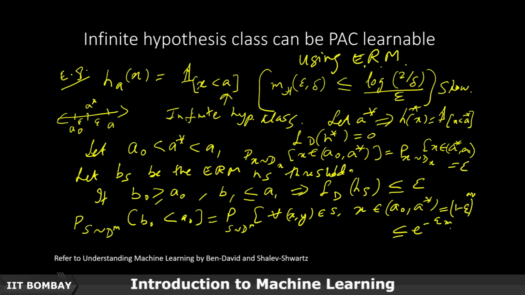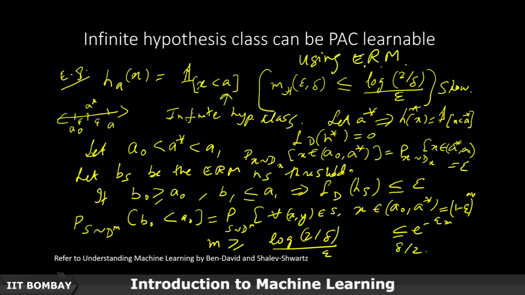So what you can see is that if I apply the same logic to b1, what I will get is m is greater than or equal to log of 2 by delta, divided by epsilon, which implies that this probability is going to be less than delta by 2.